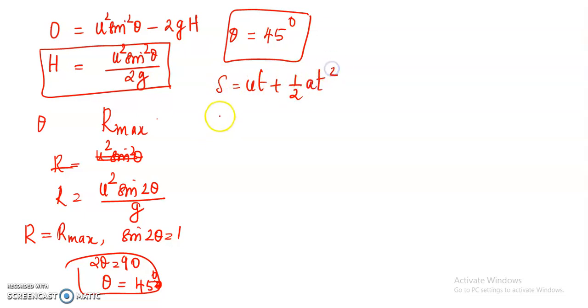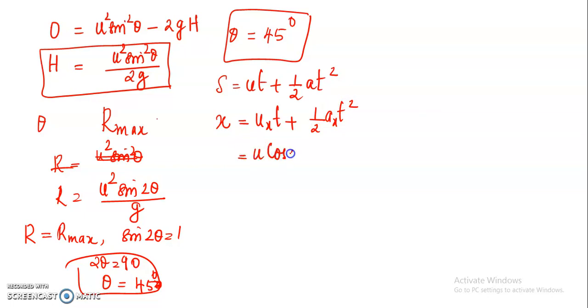In the x direction we can write it as x equal to ux t plus half ax t square. That is equal to u cos theta into t plus 0, because ax equal to 0 in the horizontal axis. So t equal to x divided by u cos theta.